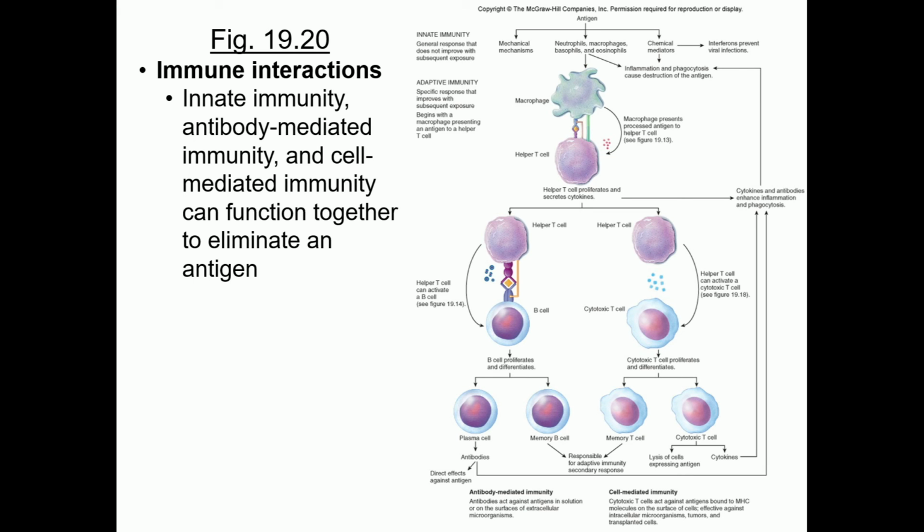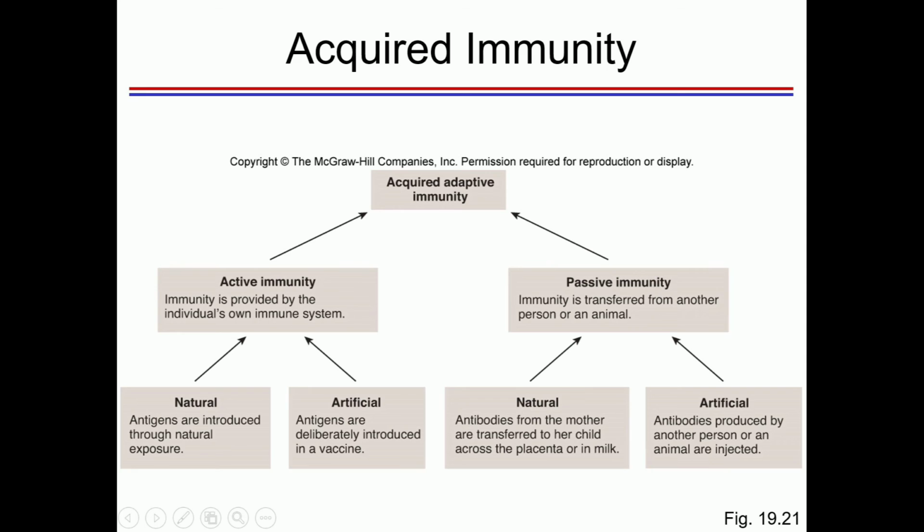Immune interaction. Innate immunity, antibody-mediated immunity, and cell-mediated immunity can function together to eliminate an antigen. Active immunity is defined as immunity to a pathogen that occurs following exposure to said pathogen.